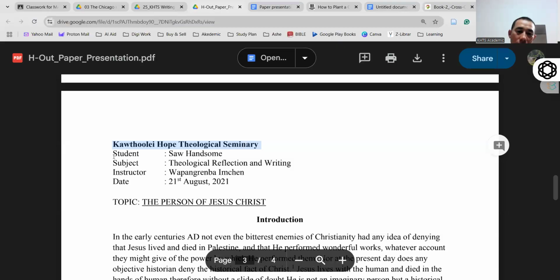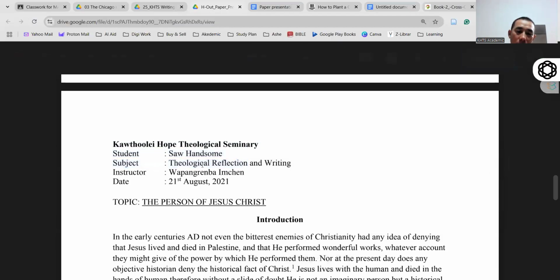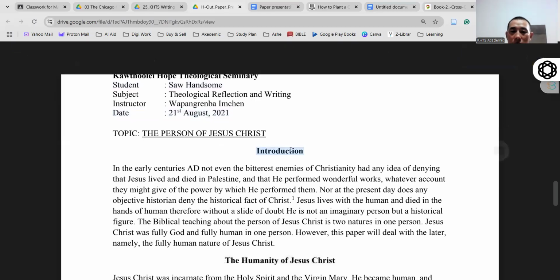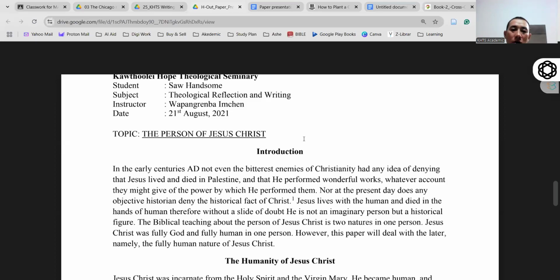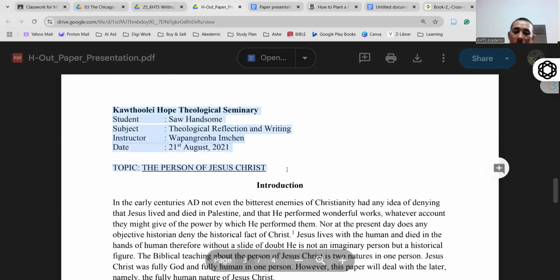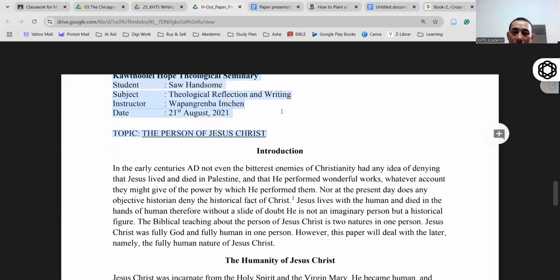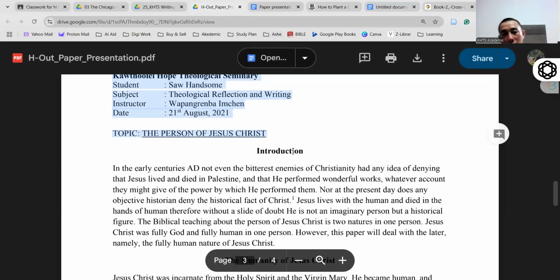Kautoliho Theological Seminary, your name, and the subject, theological research and research method in theological writing. Instructor and me is there. It lists your name and then the date of presentation. That will be good. And then the topic: since headings are like this, make the topic a little bit different. It can be underlined, in capital letters, anything. Or you can just strictly follow it as it is. That is cool and less complicated.